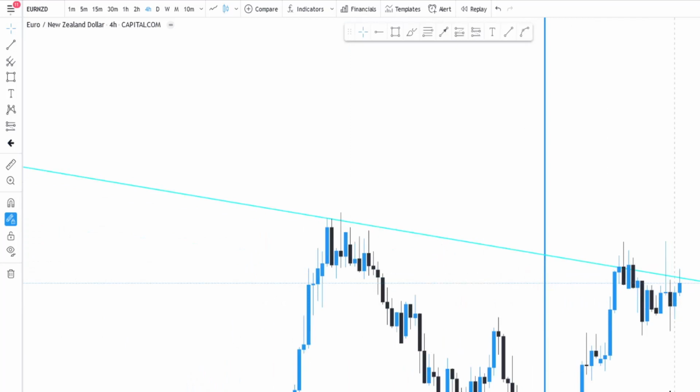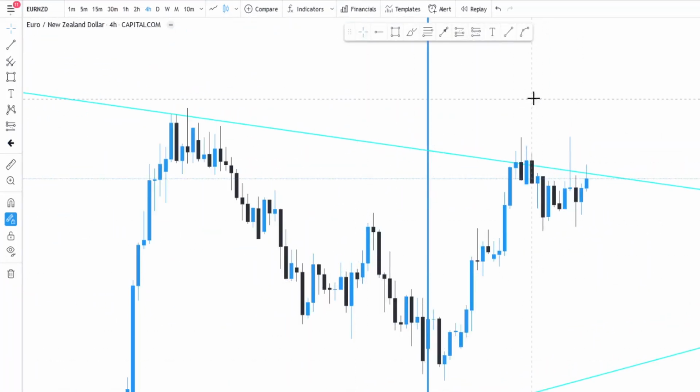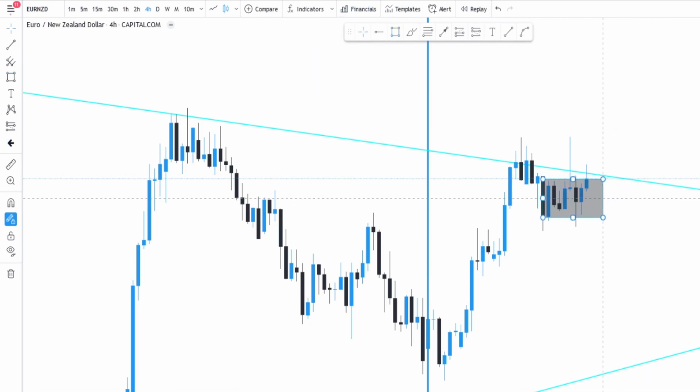So the market this week rolled, so it went up. So here we got the double bottom, exhaustion here, and then go up, exhaustion, and here we got a ranging market. The price is bouncing sideways, up, down.